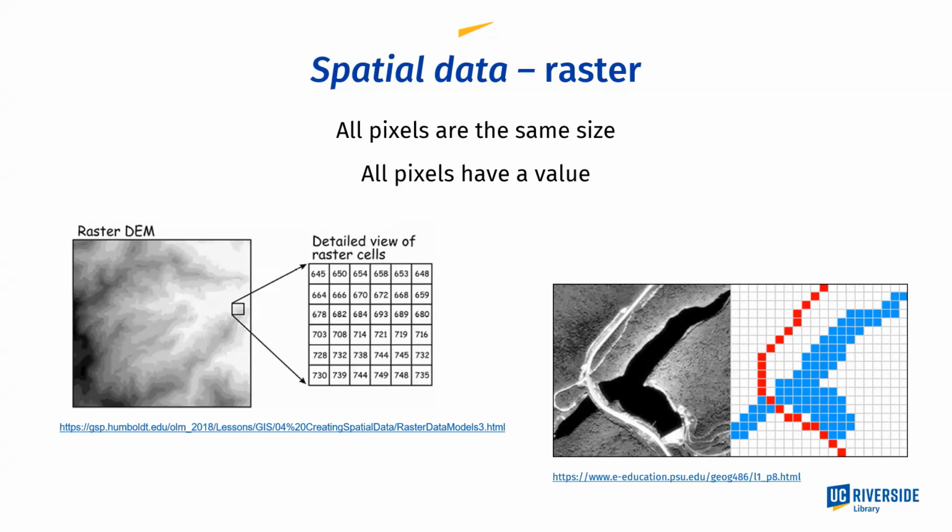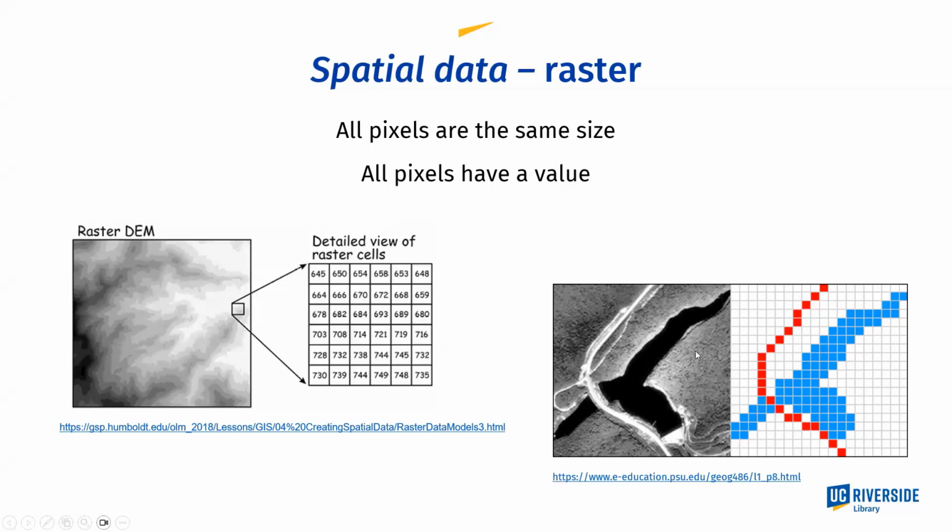So you really get that detailed variation across the landscape that you would not necessarily get from a vector representation, which might have, maybe between 650 and 700 meters above sea level would be what the polygon represents instead of all this detailed pixel by pixel variation in the elevation in this case.